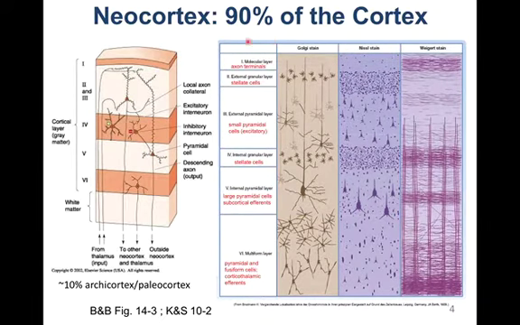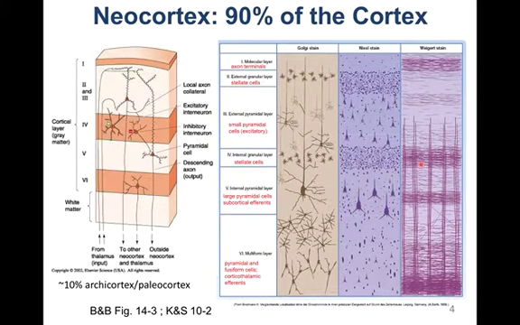So the different types of staining here. A Golgi stain sort of stains everything. It stains the entire cell. A Nissl stain stains the cell bodies. So you can see the cell bodies highlighted here. And a Weigert stain is for myelin. So you can see myelinated axons.